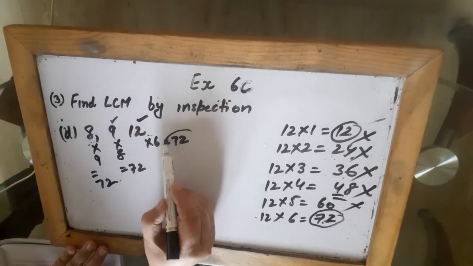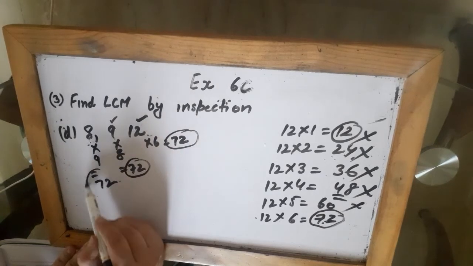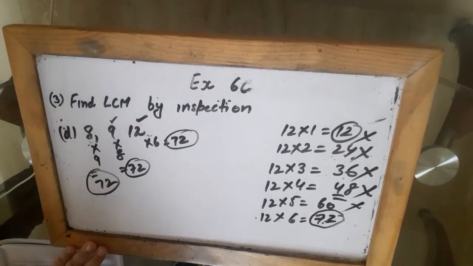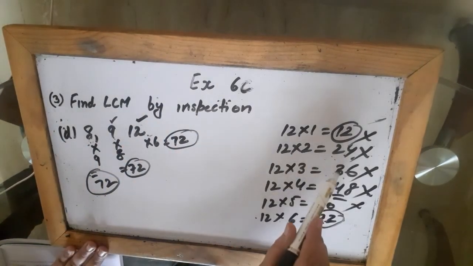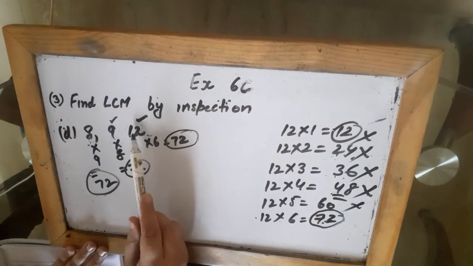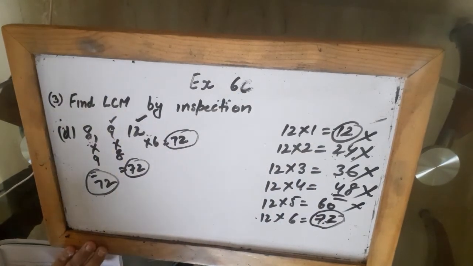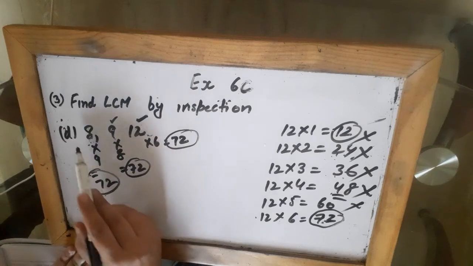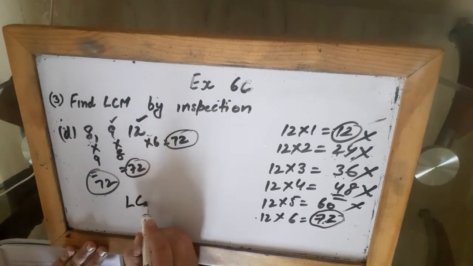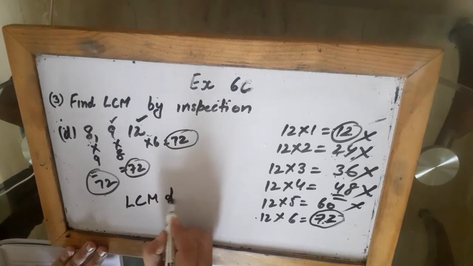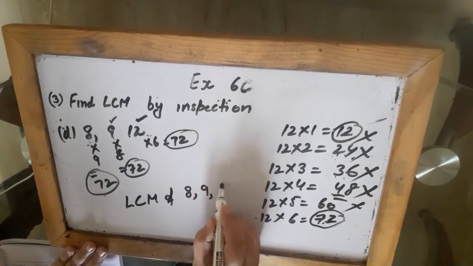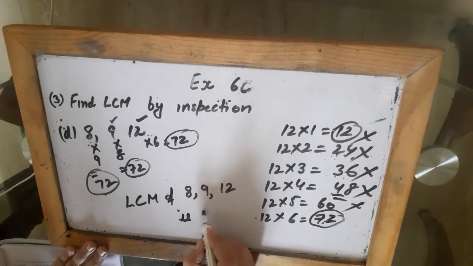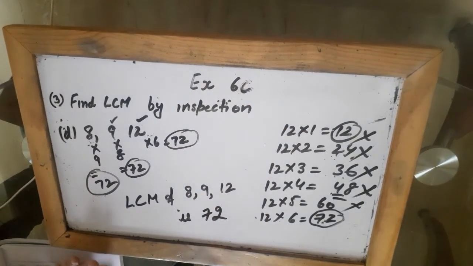So it means that this 72 is a multiple of all these three numbers. Before that, there was no number which was a multiple of all these three numbers. So what it means is that the LCM, the least common multiple of 8, 9, 12 is what? It is 72.